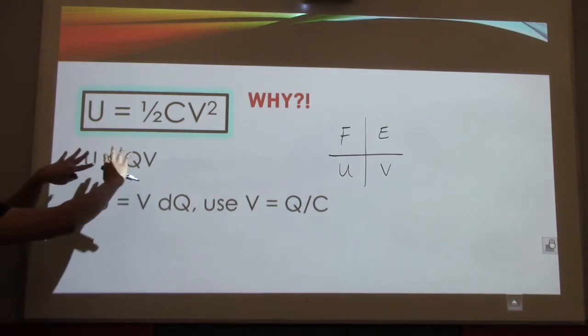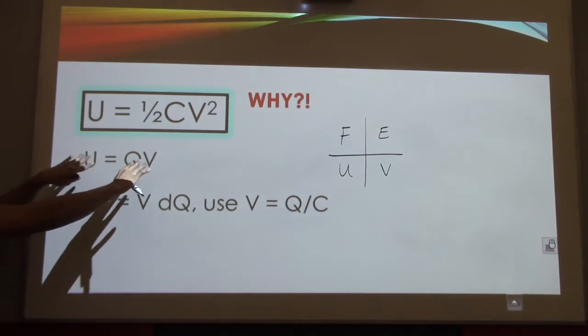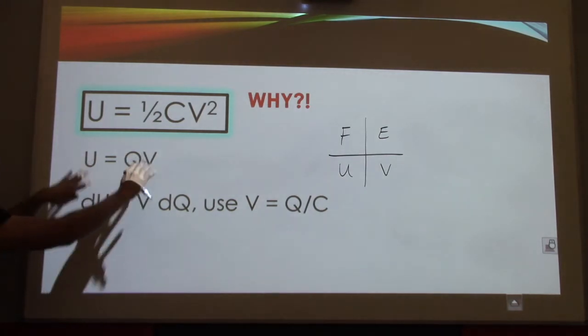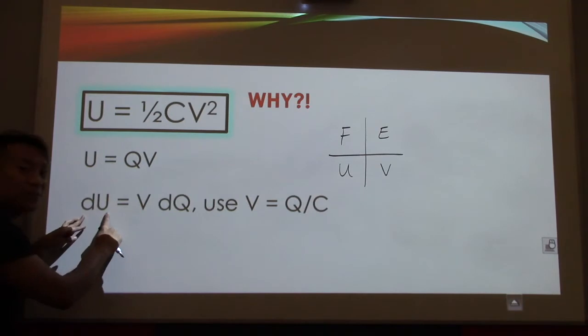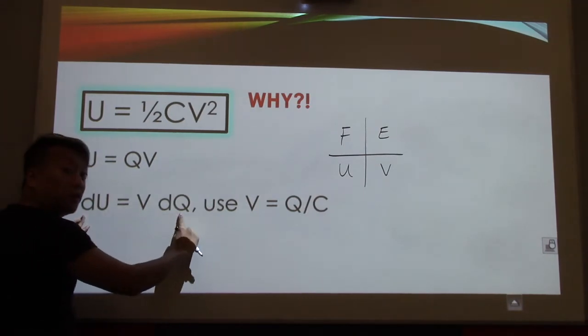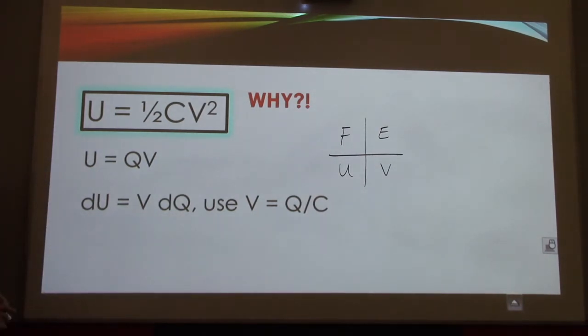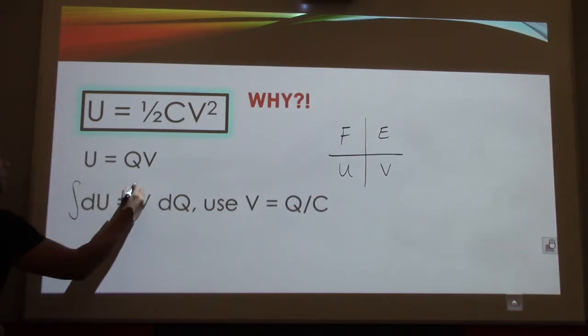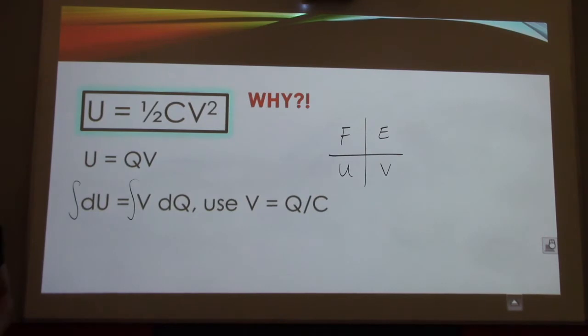So now this is true for the total, and you know how I always talk about how it's going to be in proportion to dU, infinitesimal potential energy, equals an infinitesimal charge times voltage. Cool? So now we're going to use this. We're also going to integrate both sides to find what this is going to be.